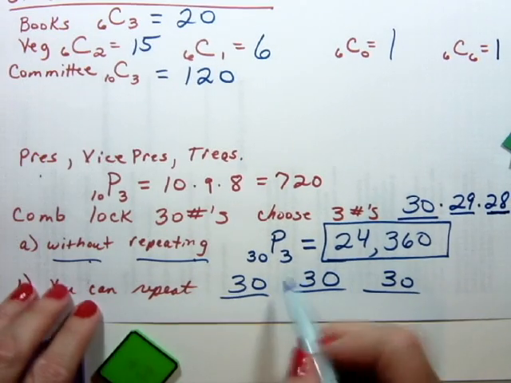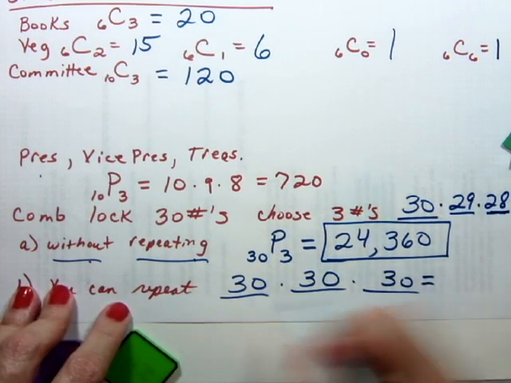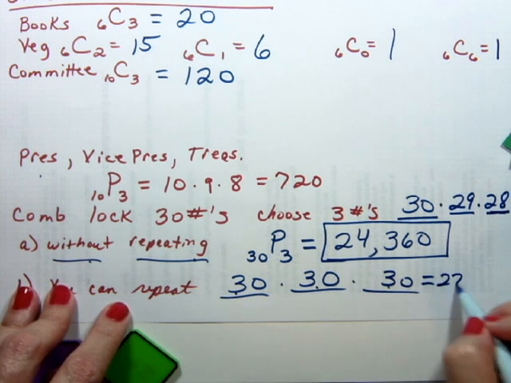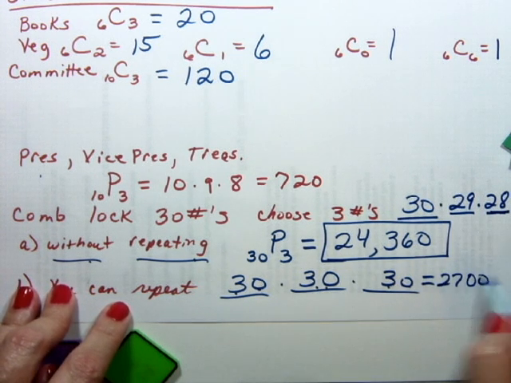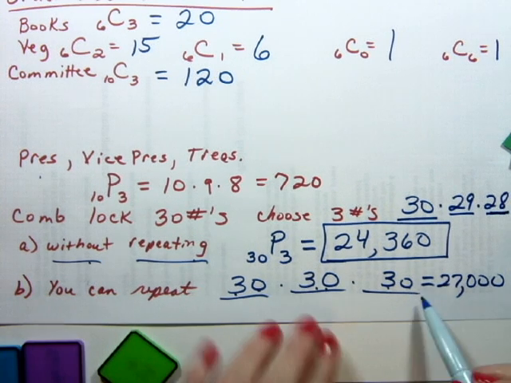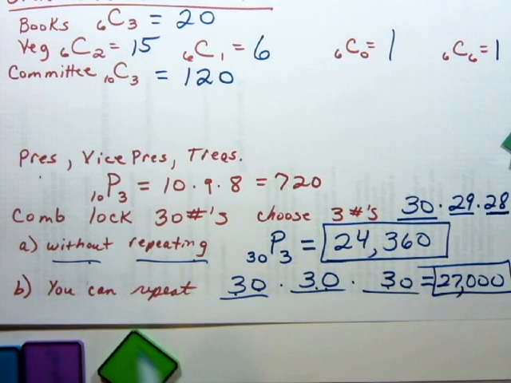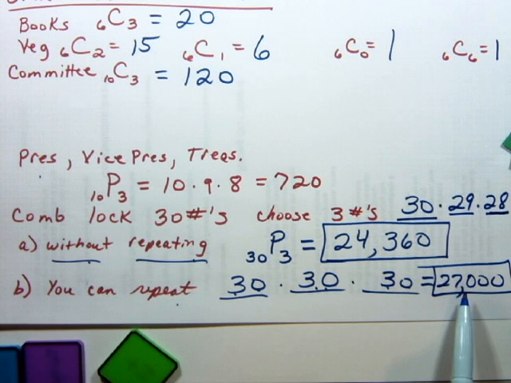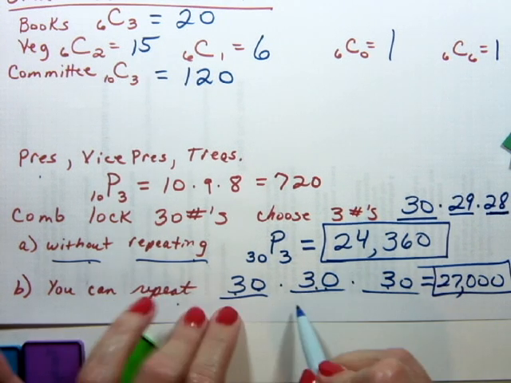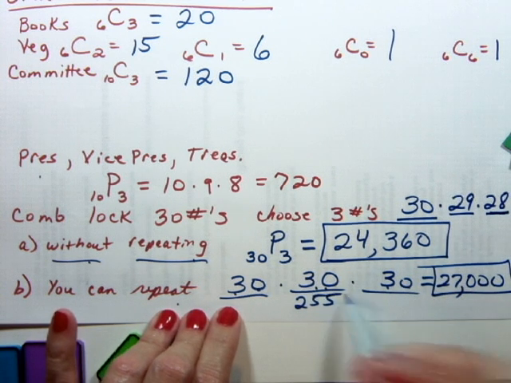All right, so that would be 30 times 30 times 30. 3 times 3 is 9 times 3, that's 27 with 3 zeros. So 27,000.